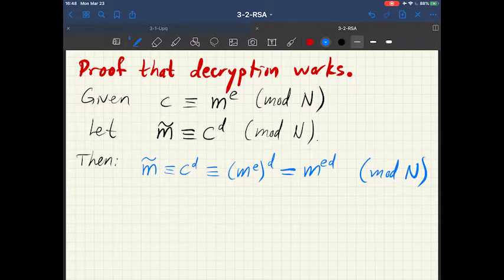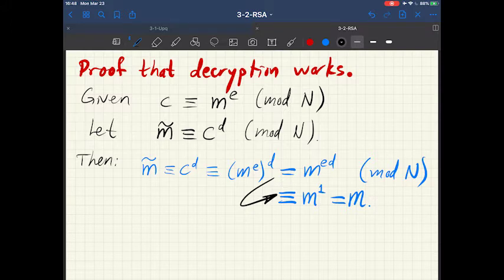But here's the key thing: m to the ed is congruent to m to the 1, which is equal to m.